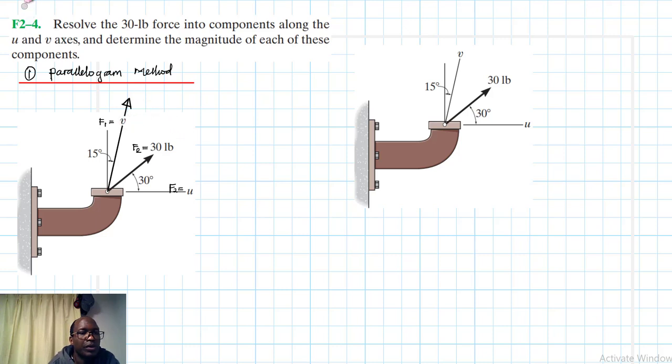That is our U, which is F1, and then we have this other one, which is F2.